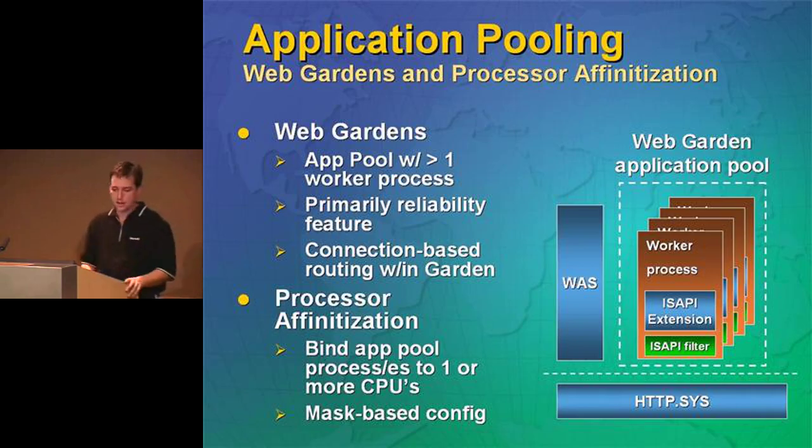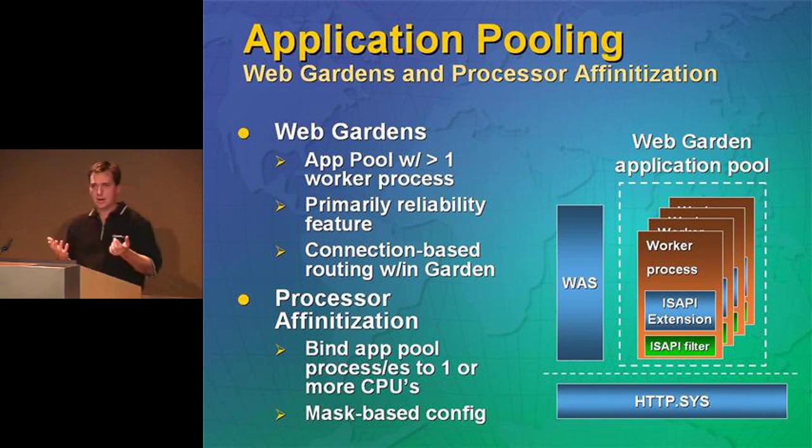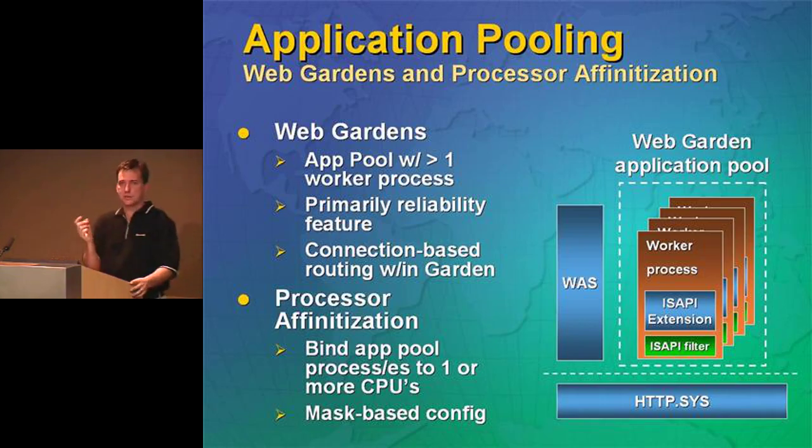There's also a property called processor affinity. It's possible to bind specific app pools to specific CPUs on the box. If I imagine I have a quad processor or an 8-way server, I could configure an app pool and bind it to specific CPUs or multiple CPUs on a machine. It's important to remember that all the worker processes within an app pool will go to those CPUs.